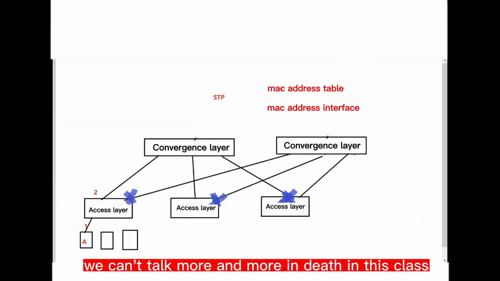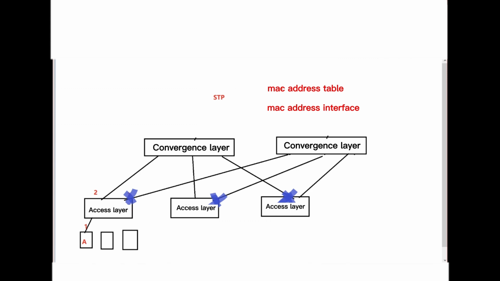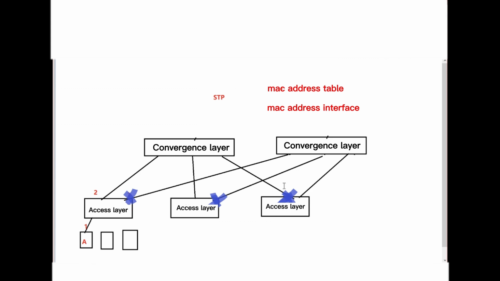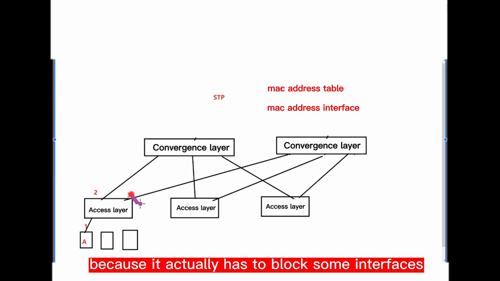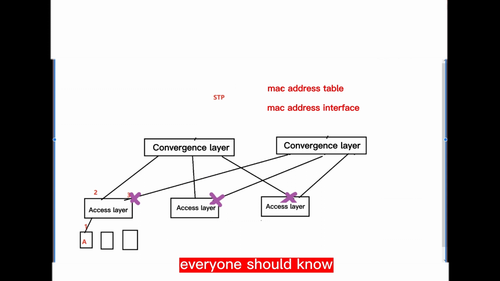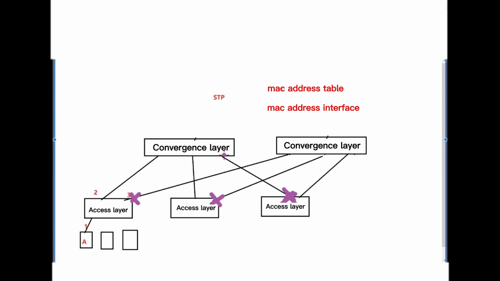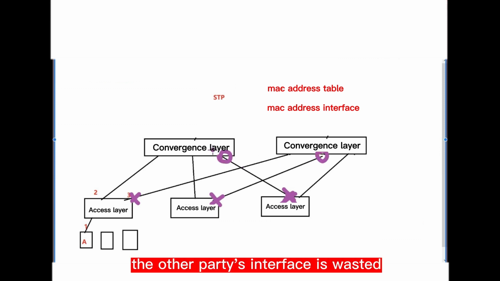We can't go more in depth in this class. The STP protocol is not commonly used now. It's not bad, but it actually has to block some interfaces. Everyone should know this interface is very expensive. The modules actually have overhead. You will find that if this link is not forwarding, the other party's interface is wasted.